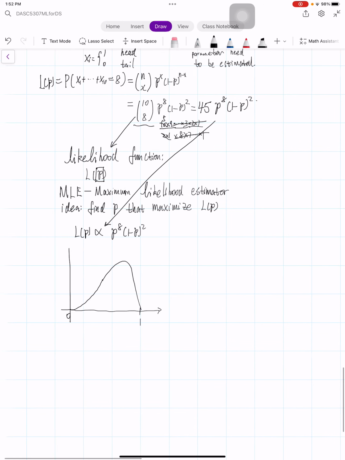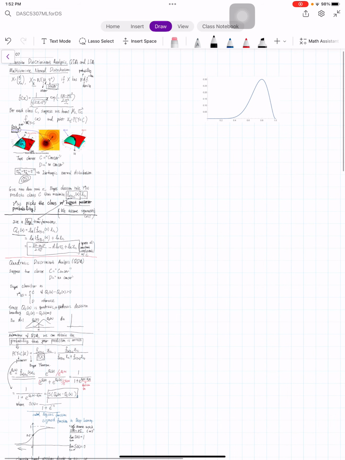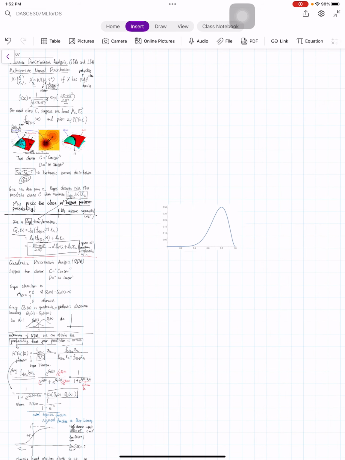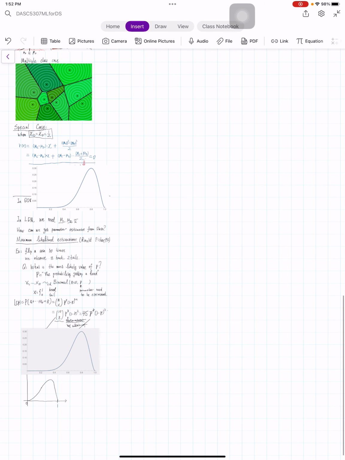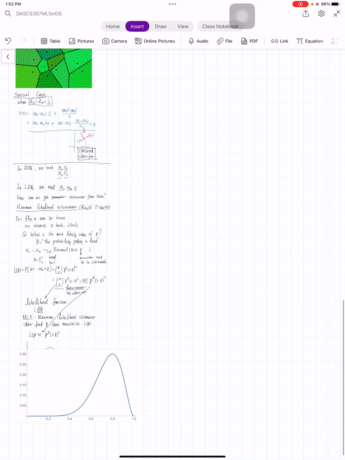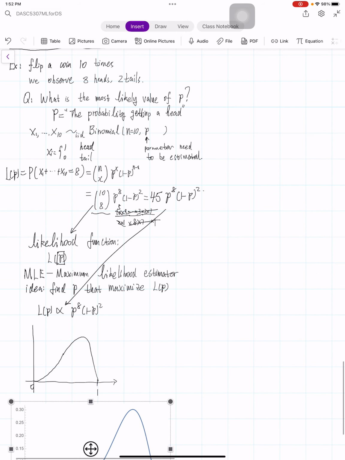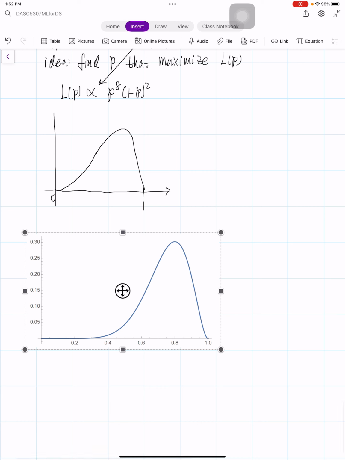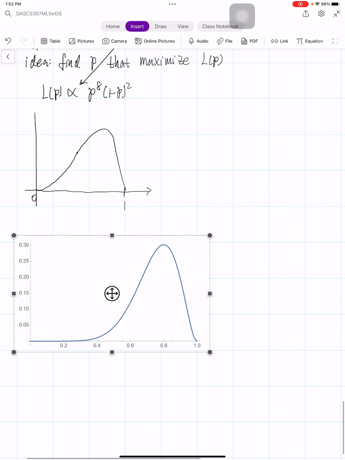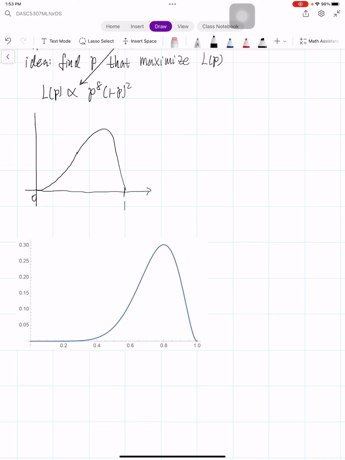Actually, we can plot it with exact values. And from this likelihood function, we can find the point that maximizes it. This gives us p equals 0.8.